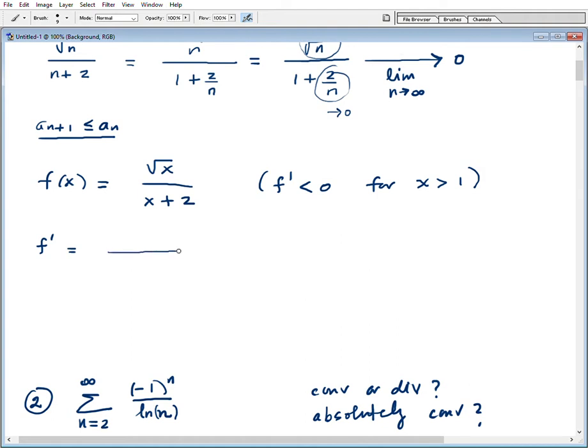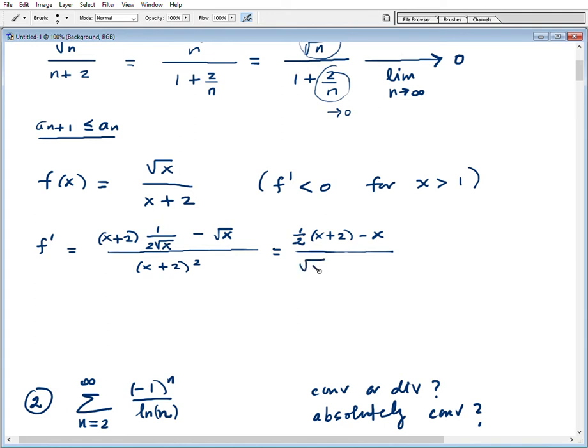So we'll just have a quotient rule over here. Derivative of the numerator is 1 over 2 square root x, minus the numerator times the derivative of the denominator. Now I'm going to multiply top and bottom by square root x. So here we have 1/2 multiplying by square root x here. These cancel. So we just have 1/2 times (x plus 2), minus x. Multiply this by square root x.